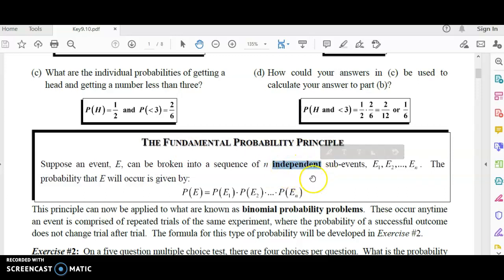So what that means is that the probability of getting a head had no bearing on the probability of getting a number less than 3. They do not depend on each other. That's what it means to be independent. But once you get past that fact of understanding that events can be independent of each other, then you just multiply those probabilities, which is the whole point of 1D.